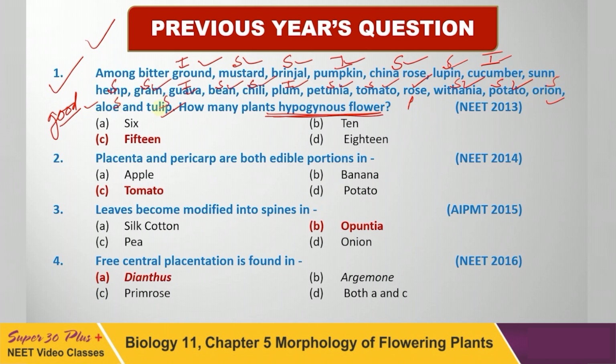You can count, hypogynous flower means with superior ovary, and the number is 15.